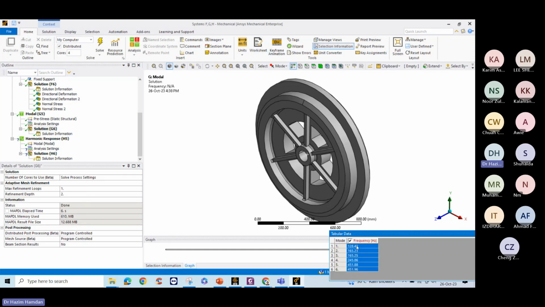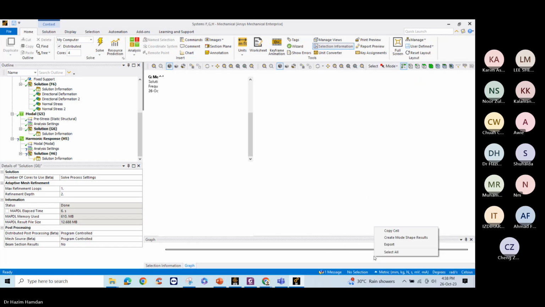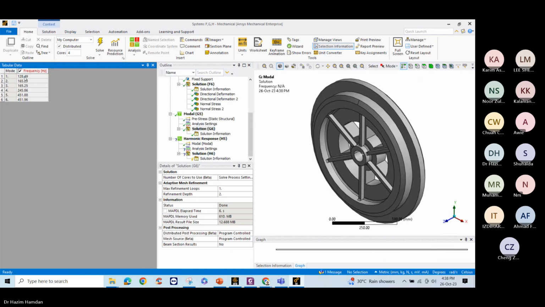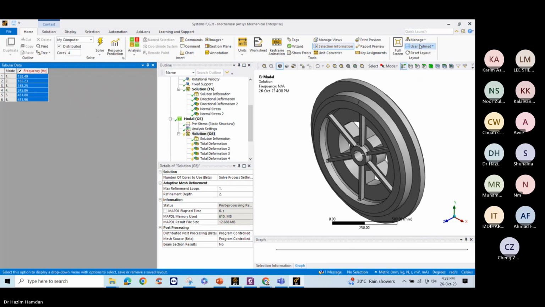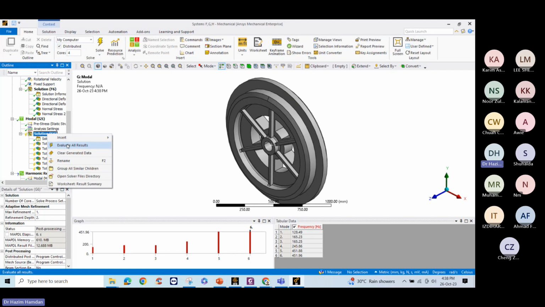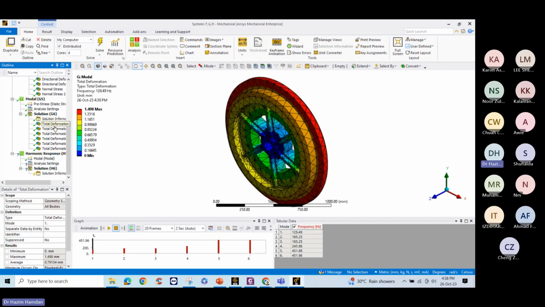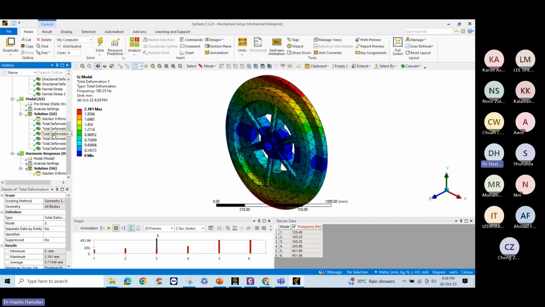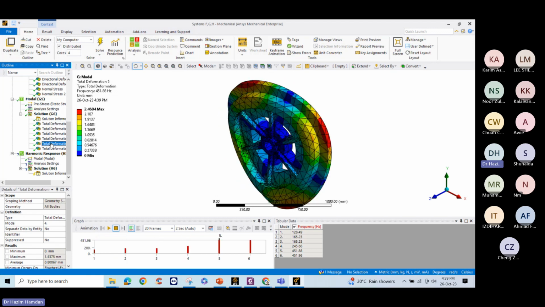So you can select all the frequency and create all the mode shape. Okay, now you can click evaluate all the result. So you can check all the deformation and frequency.